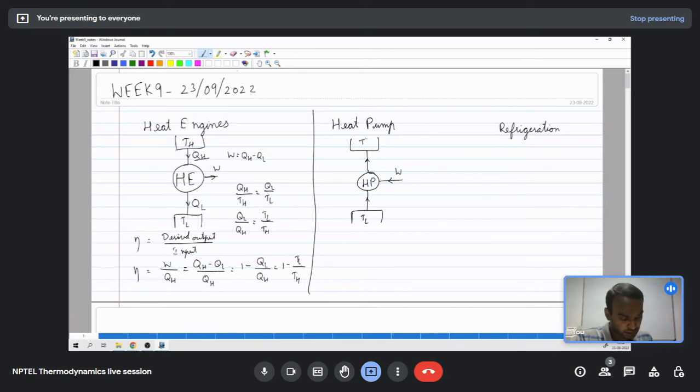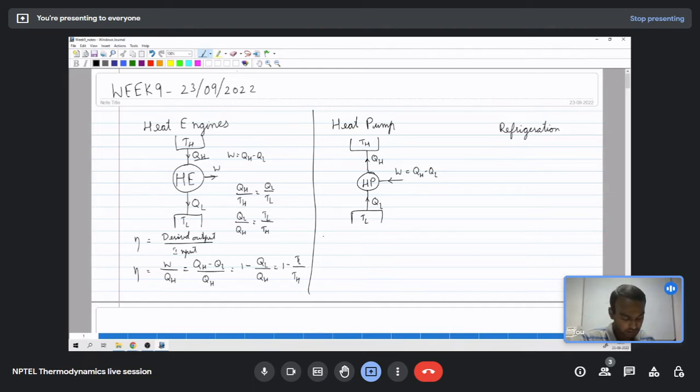So on the bottom we have TL, the low temperature reservoir, and QL is transferred from the low temperature reservoir by the heat pump, and heat is rejected to the high temperature reservoir, and the quantity is given by QH, and work transfer W is given to the heat pump for this heat transfer from the low temperature reservoir to the high temperature reservoir. Now W can be represented as QH minus QL by doing the first law of thermodynamics analysis.